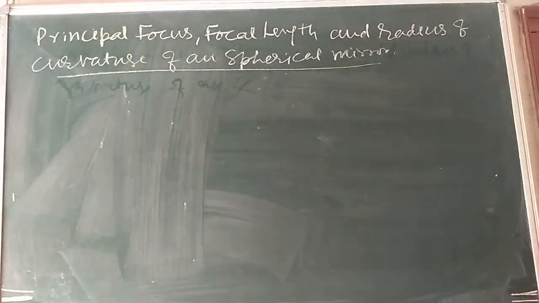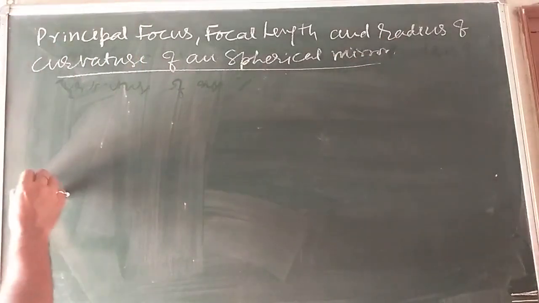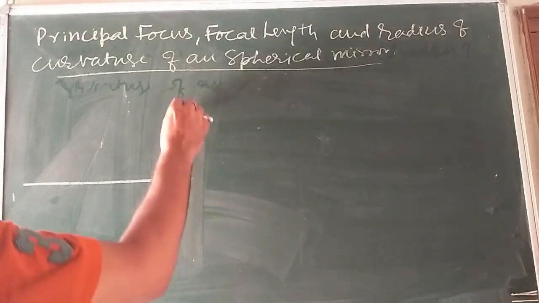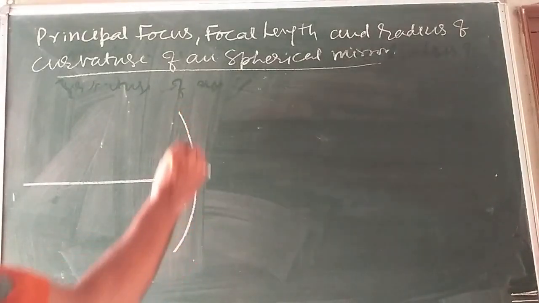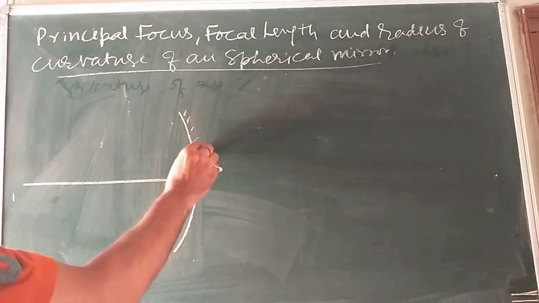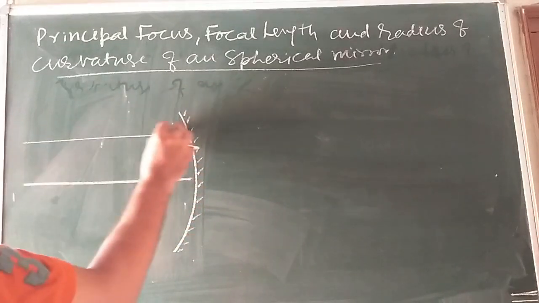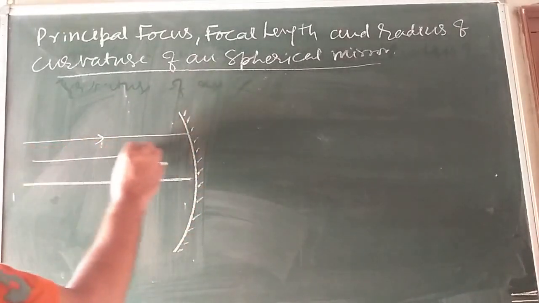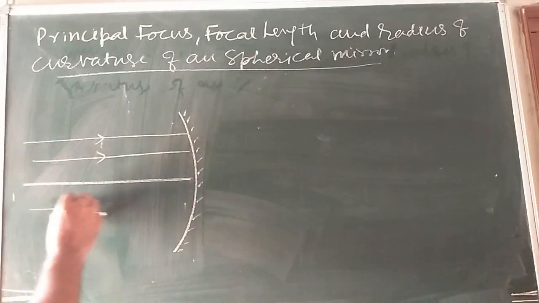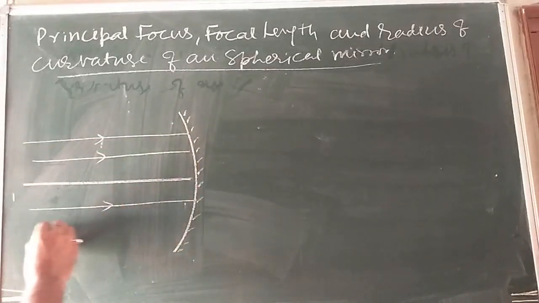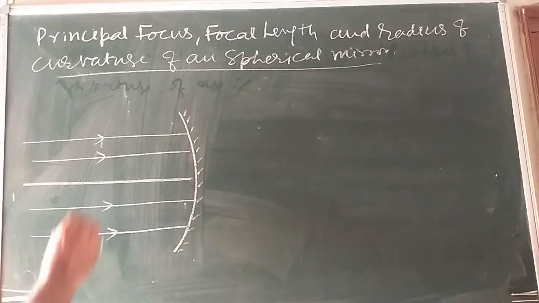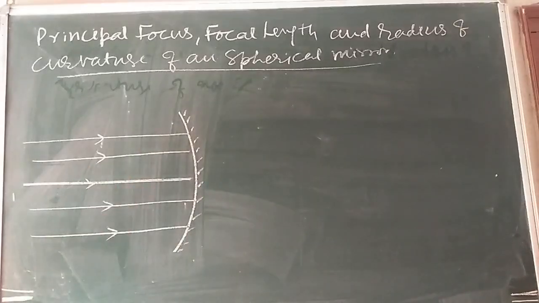Now dear children, what is the meaning of it? This is our principal axis. This is our concave mirror. Suppose a parallel beam of light is coming from infinity in this manner. The rays are coming parallel to the principal axis.